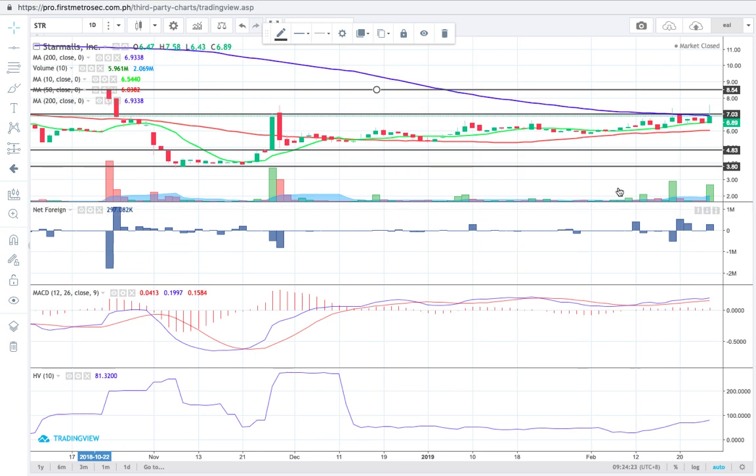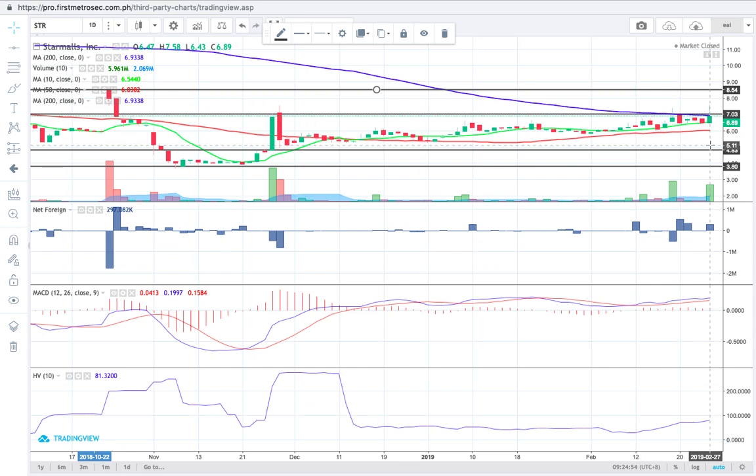Nonetheless, the volume it registered on February 27 as of market closing was so significant that it managed to go way higher than the 10-day volume average of STR. If this kind of volume will continue, then it will be relatively easy to pierce or to break out above 7.00 continuously.